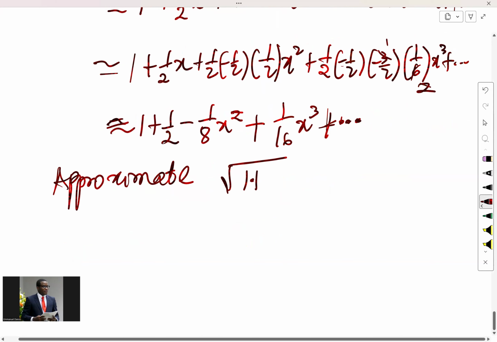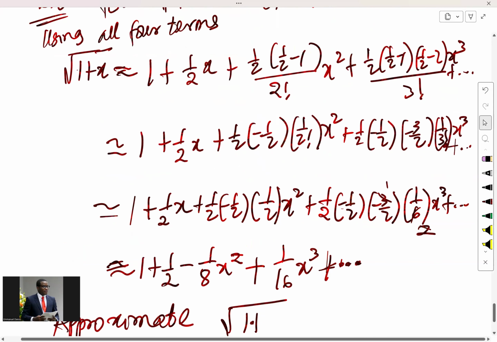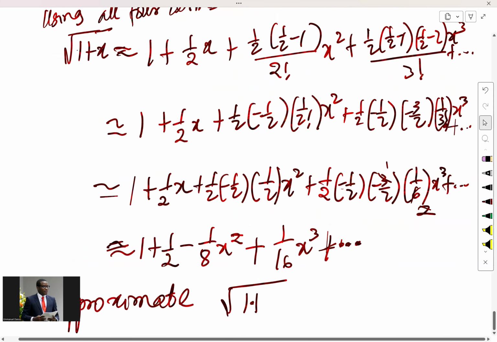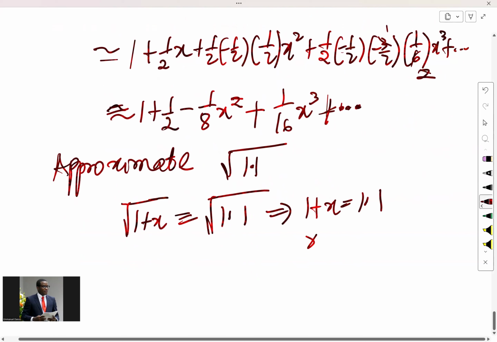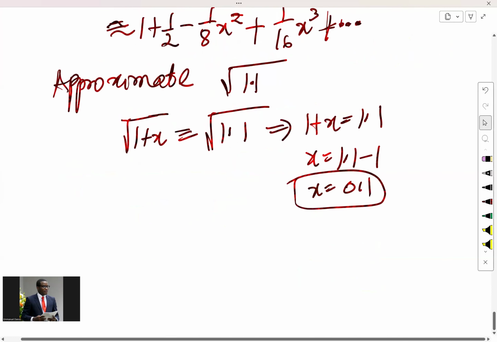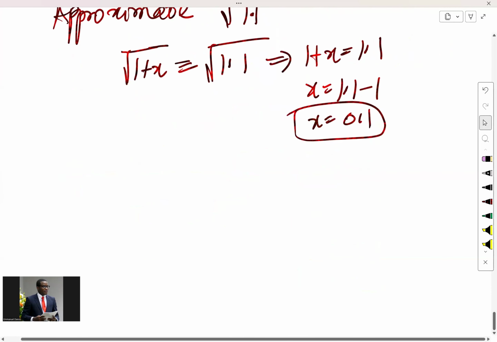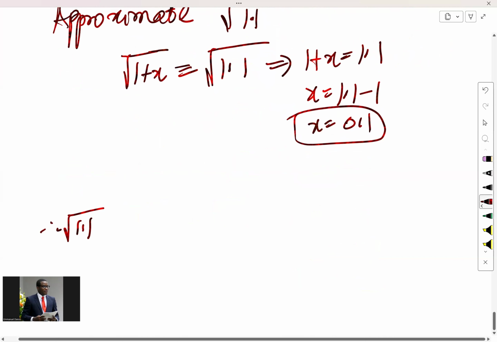It's left to you to check that if you compare root 1 plus x, which is similar to root 1.1, it will simply imply that 1 plus x is equal to 1.1, which would mean that x is equal to 1.1 minus 1, and then x is equal to 0.1. In case it's given like that, you can sort that out. So you can now say, therefore, root 1.1 is equal to root 1 plus 0.1.